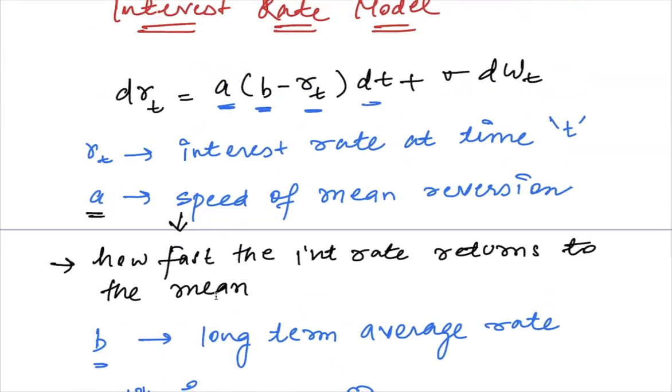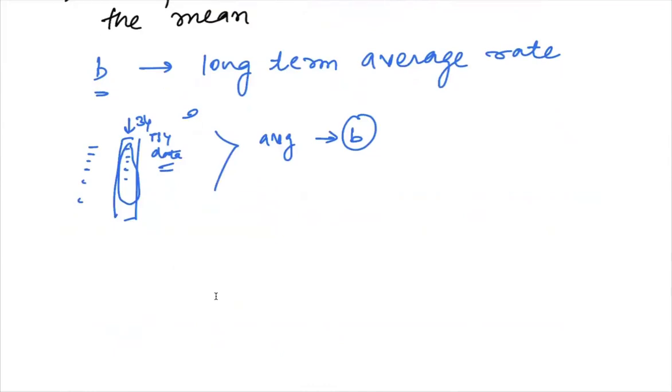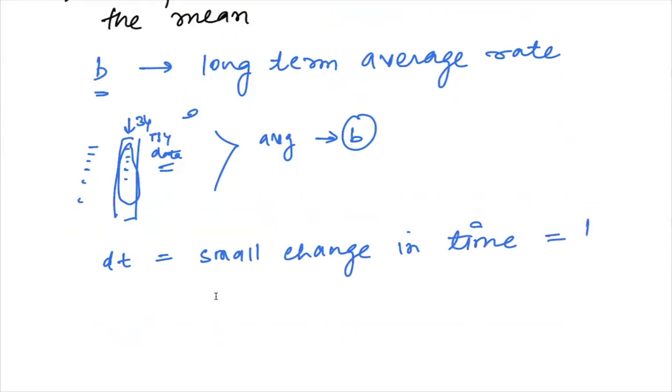Now next comes dt. What is dt? dt is nothing but a small change in time. Because we are modeling the interest rate daily, it will be 1 day, 1 by 252. Why 1 by 252? Because 252 is the number of trading days in a year.